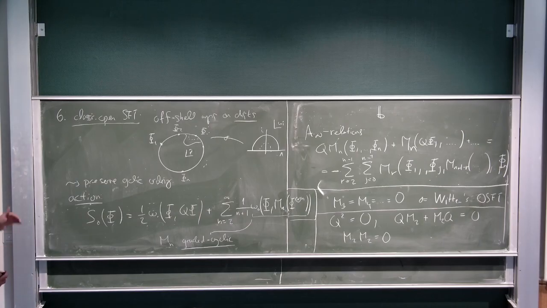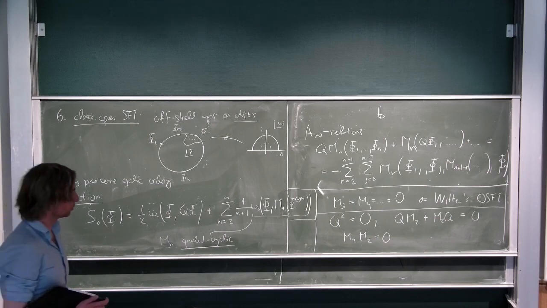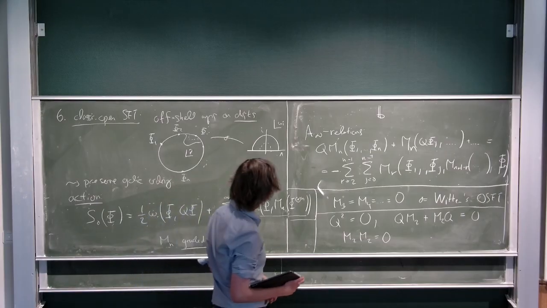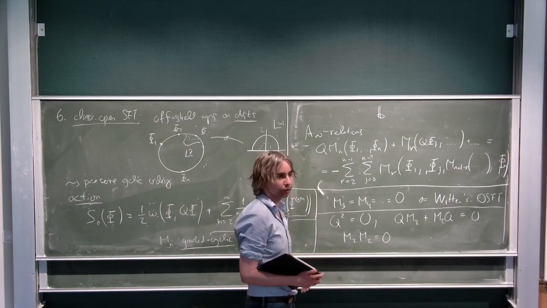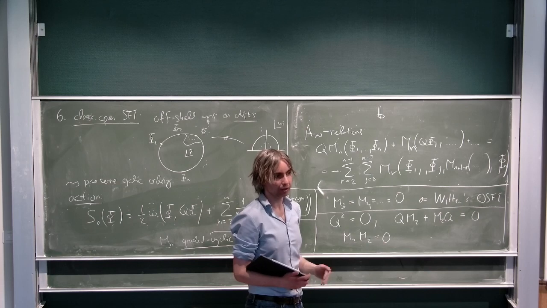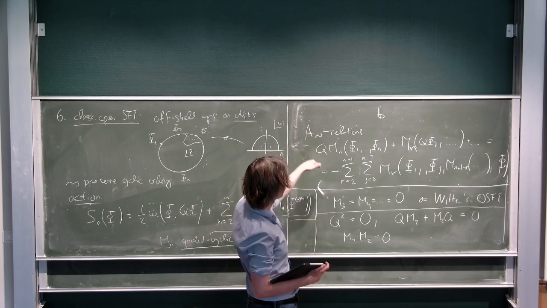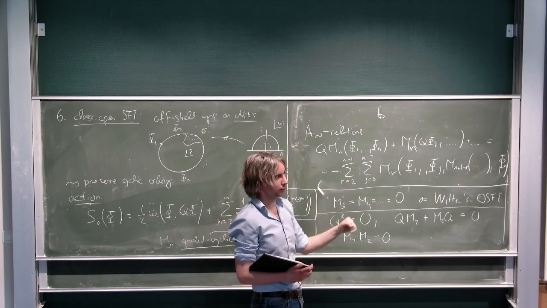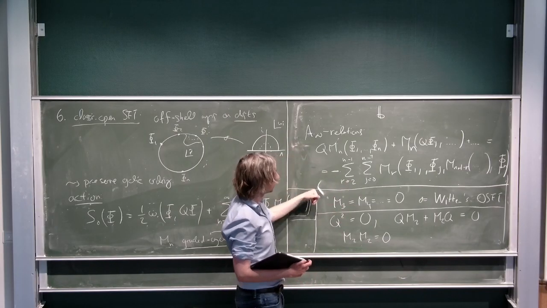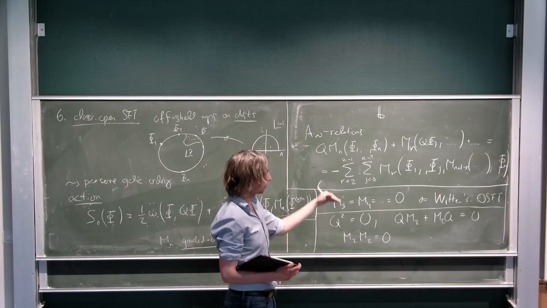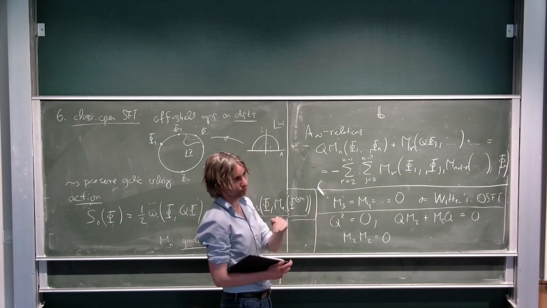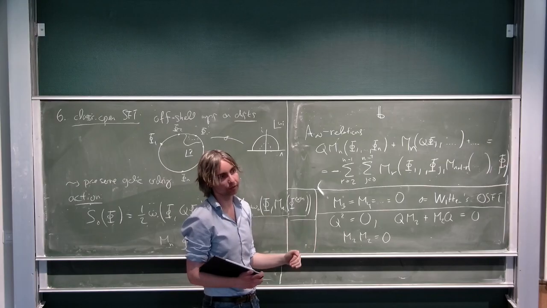If I give you the open string Hilbert space, so you know on what states these act, if I give you a background and the string states on the background, and you are able to give me back a set of products which satisfy these relations, that is as good as defining an SFT. Because these steps which I was showing you before were a chain of equivalences. So you giving me an A infinity algebra is as good as you giving me a suitable decomposition of the section of the moduli space.